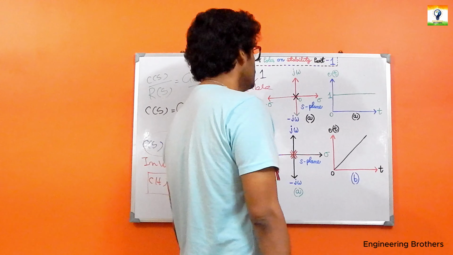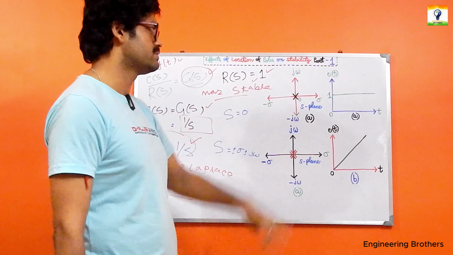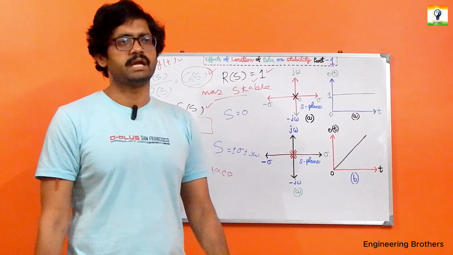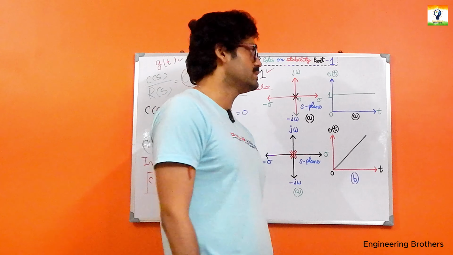As we have already told you, the value is constant throughout the operation, not increasing or decreasing in any way. If you consider t tends to infinity, the value will be constant. Because of that, we can say the system is marginally stable.